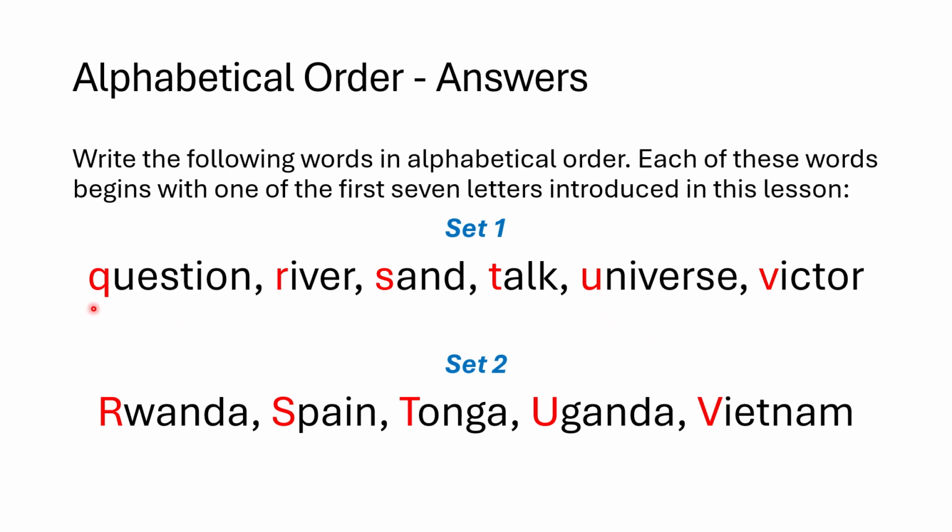Question begins with Q. River begins with R. Sand begins with S. Talk begins with T. Universe begins with U. Victor begins with V. Q, R, S, T, U, V. Rwanda begins with R. Spain begins with S. Tonga begins with T. Uganda begins with U. Vietnam begins with V. R, S, T, U, V.